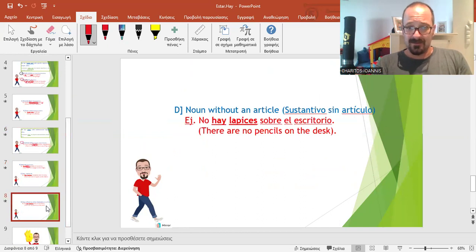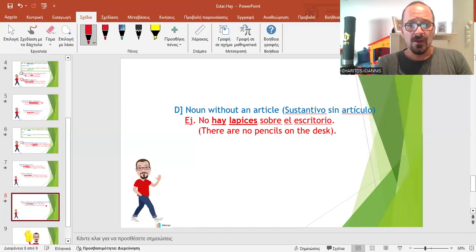Y finalmente, noun without an article. Sustantivo sin artículo. So, we said that if there is the definite article, el, la, los, las, we use está o están. If there is the indefinite article, una, unos, unas, I use hay. If there is a noun without any article, I use hay again.